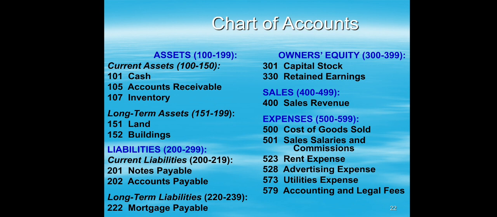The chart of accounts shows all accounts that are in the ledger, and also maybe the page number. It is like the page number: page 101, page 105 account receivable, page 107 account inventory. That is the chart of accounts.